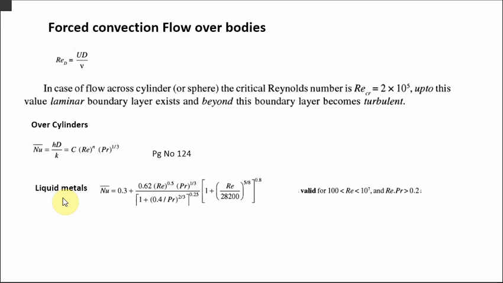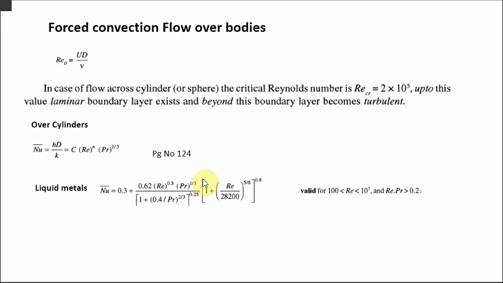But in case of liquid metals flowing over the cylinder, this Nusselt number correlation needs to be used. And if the body is non-circular, like an elliptical shape, rectangular shape, or any such kind of body, and the fluid is flowing over that, then we have another correlation given just below that.